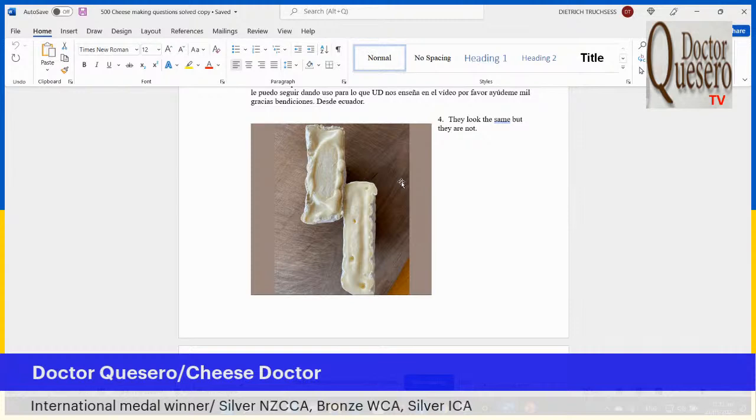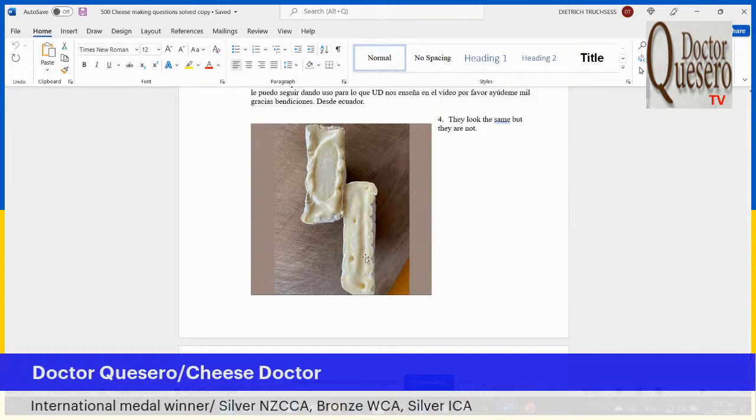But the mold will attack the cheese from the outside to the inside until the cheese is all liquefied on the inside, which is the cheese on the right. The one on the left is being attacked by the mold, but it's not ready yet.